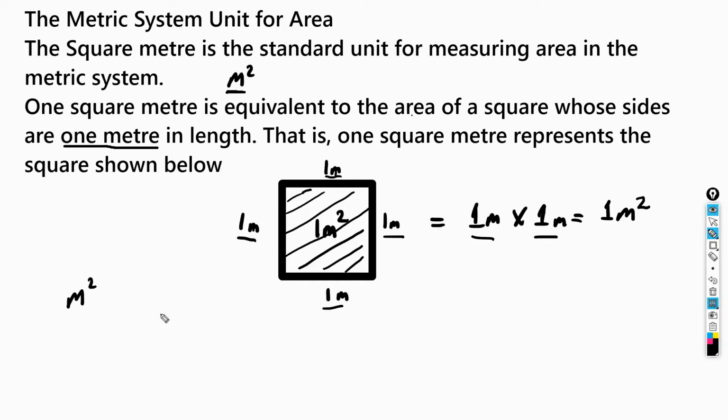Because we're multiplying 1 meter by itself, we're squaring it, and we end up with 1 meter squared. So meter squared is what we use to represent square meters, and we also have some abbreviations. I'm going to show you those commonly used abbreviations right now.